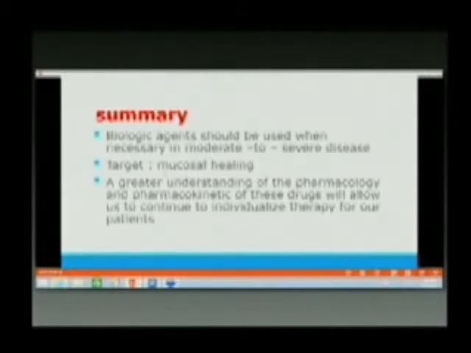Having said that, if we cannot achieve deep mucosal healing, at least we should have clinical remission and endoscopic remission. Right now there are a lot of studies and drugs being developed for inflammatory bowel disease. Hopefully we have a greater understanding of the pharmacology and pharmacokinetic properties of these drugs so that we are now ready to individualize therapy for our patients.